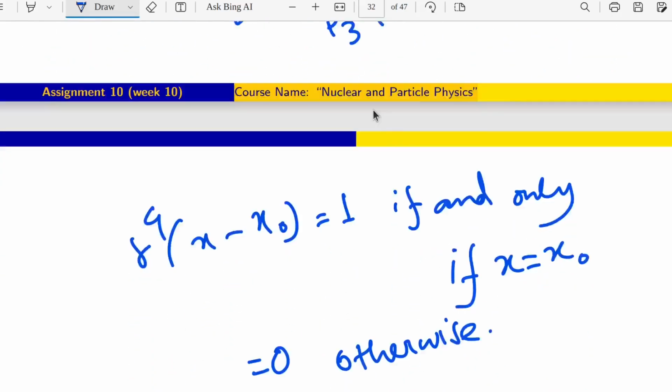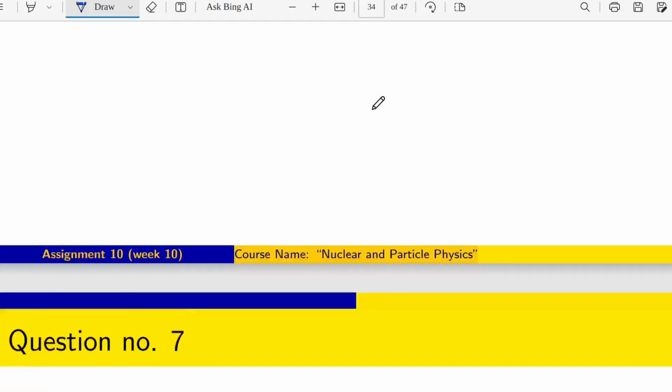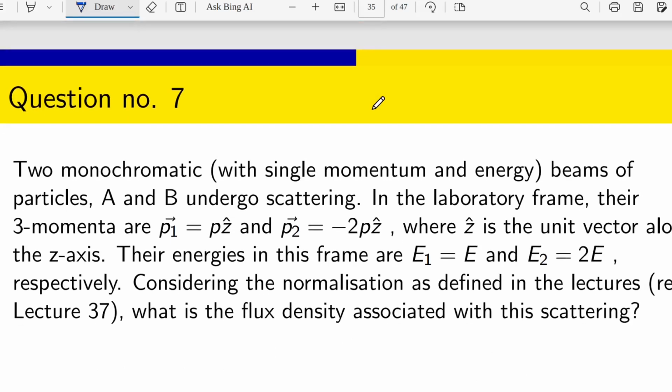Okay, now coming to the next question. Two monochromatic beams of particles A and B, with single momentum and energy, undergo scattering. In the laboratory frame, their three momenta are P1 equals P z cap and P2 equals minus 2P z cap, where z cap is the unit vector along the z axis.